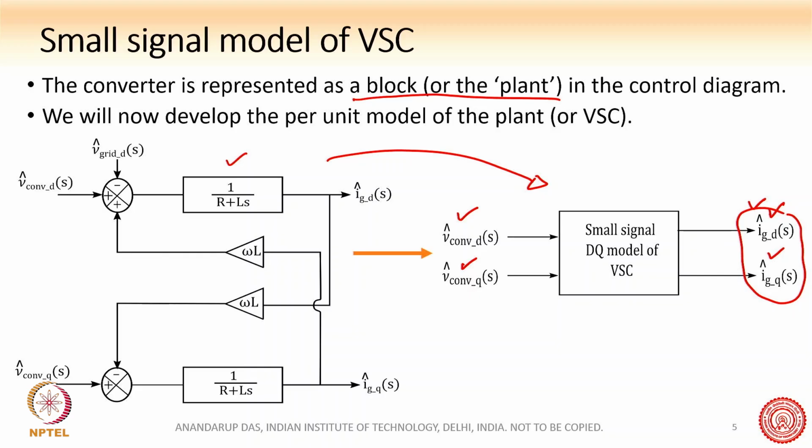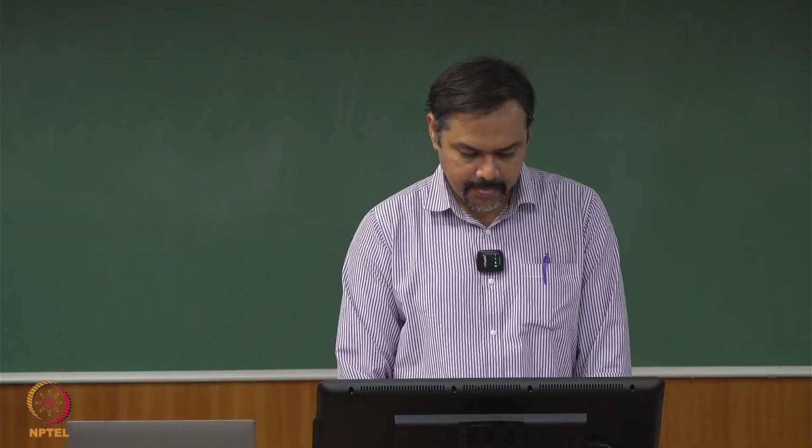This is precisely the reason why it is also called vector control or grid oriented vector control. Like in the vector control of a machine, where we control the currents, for example ISQ and ISD, the torque producing component and the flux producing component of the current, here we are controlling the active and reactive power components of the grid current.